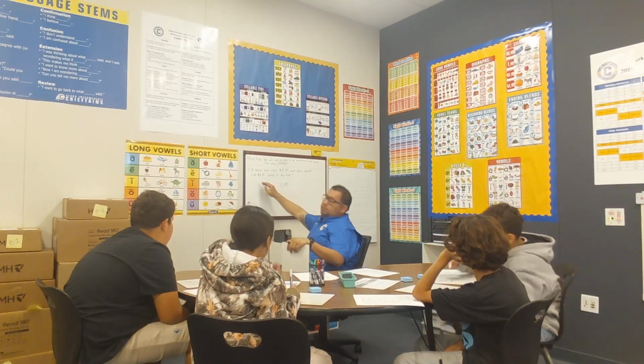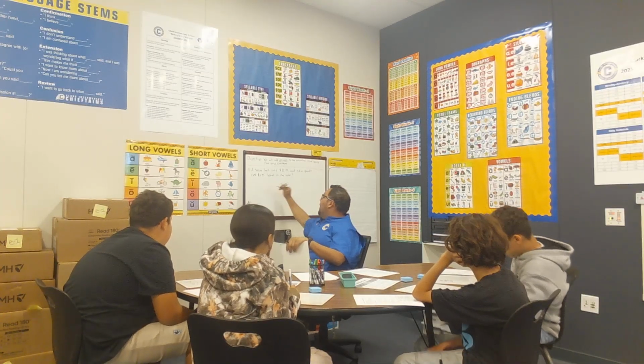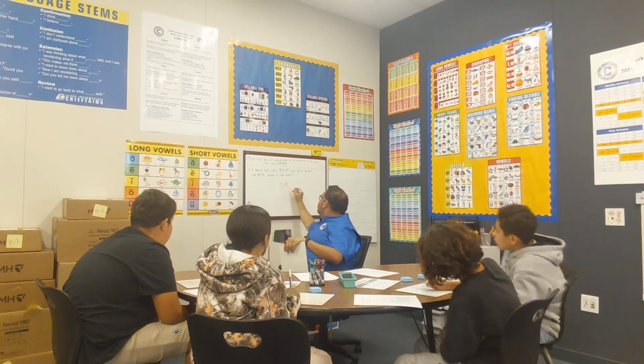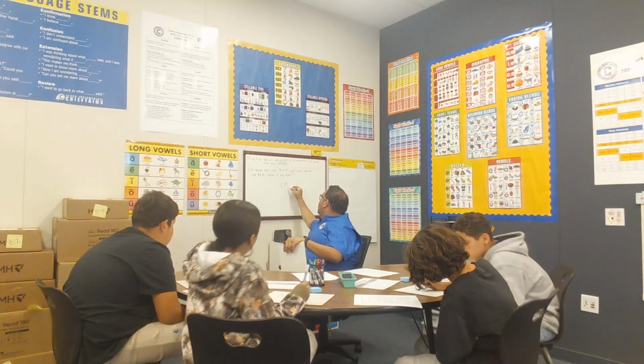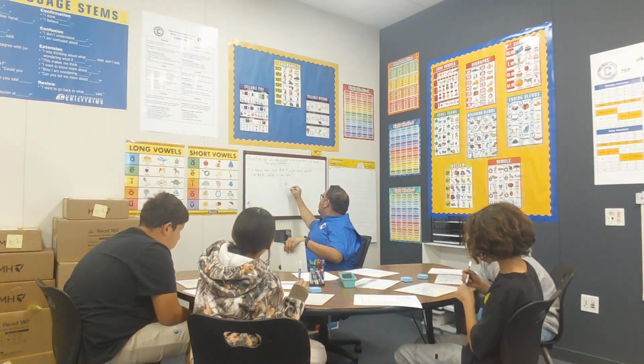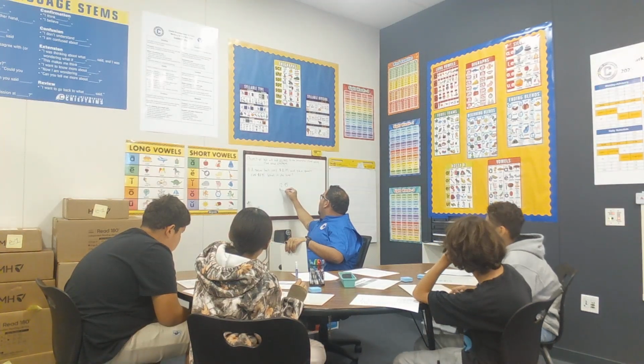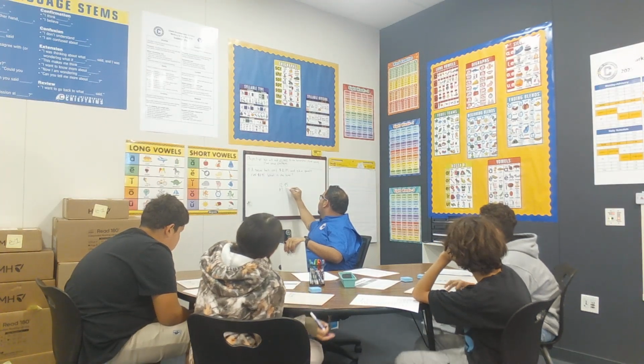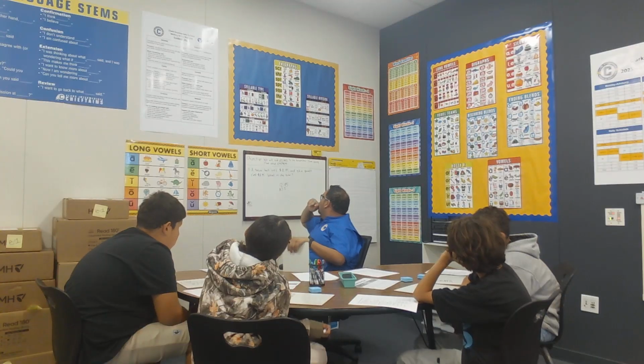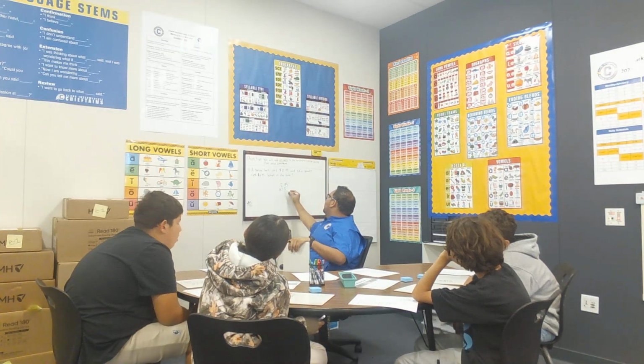Some people could get confused by doing this and just add 8, 7, 5, but now the decimal would not be lined up.